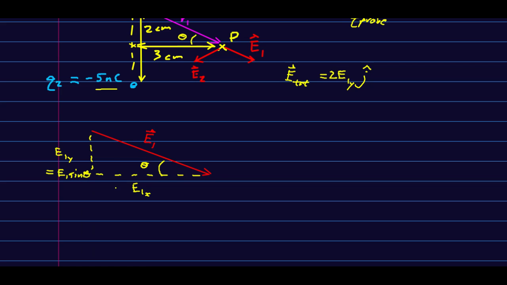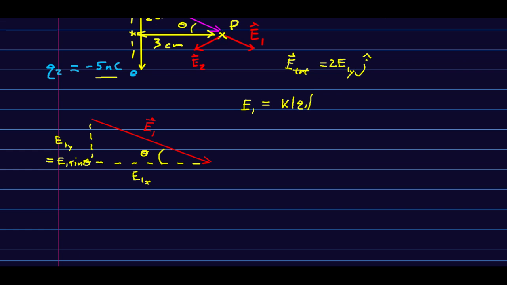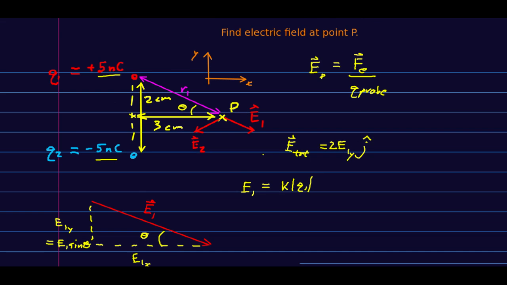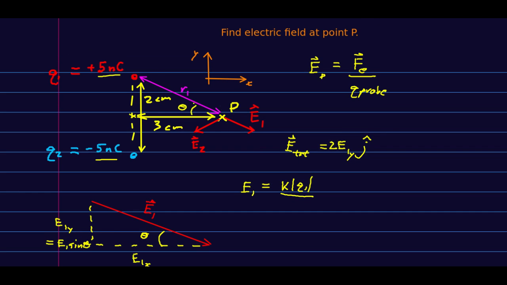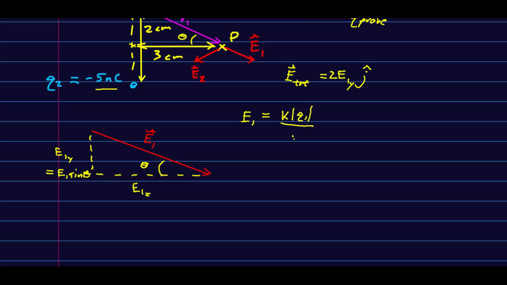We're going to need the magnitude E1, so no vector symbol, I'm getting a magnitude. And we know how to do this. It's K times the magnitude of Q1, well, the magnitude part doesn't really matter, it's positive anyway, over, and I've called this distance here R1, so we need R1 squared.